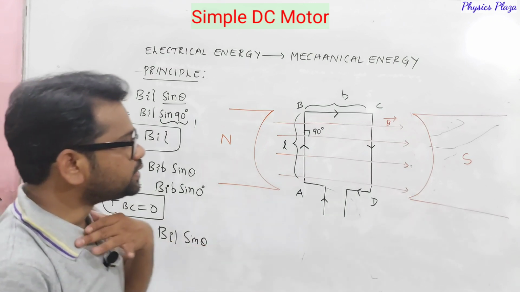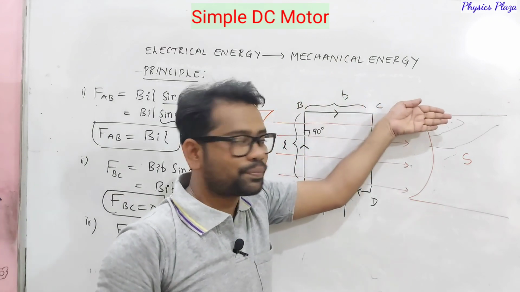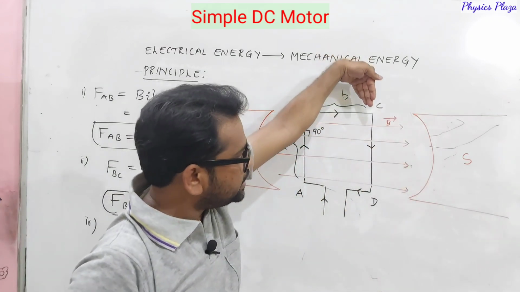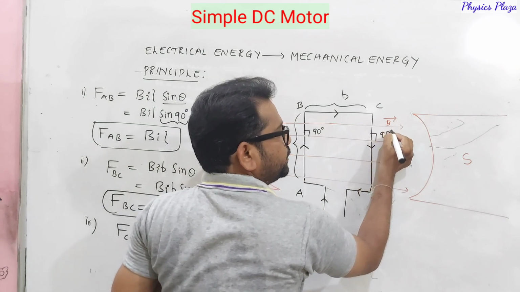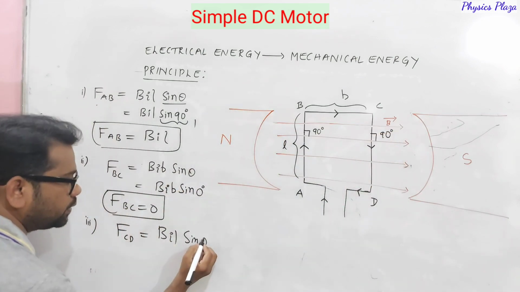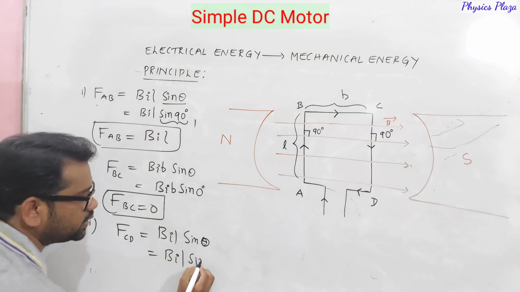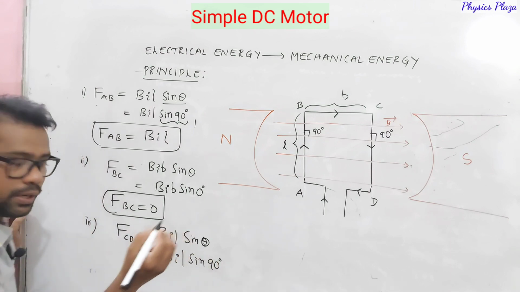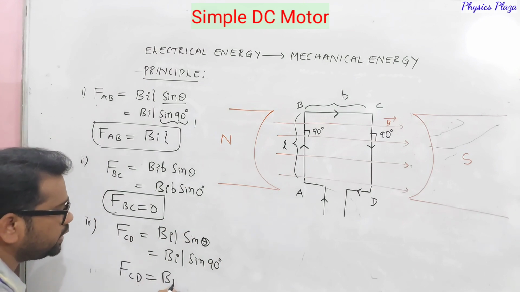In this case also, see, the field is in this direction, whereas the current in CD is in the downward direction. So what is the angle here? 90 degrees. That is, look here, it is BIL sin 90. So sin 90 is equal to how much? 1. So the force acting on the CD side also is BIL.